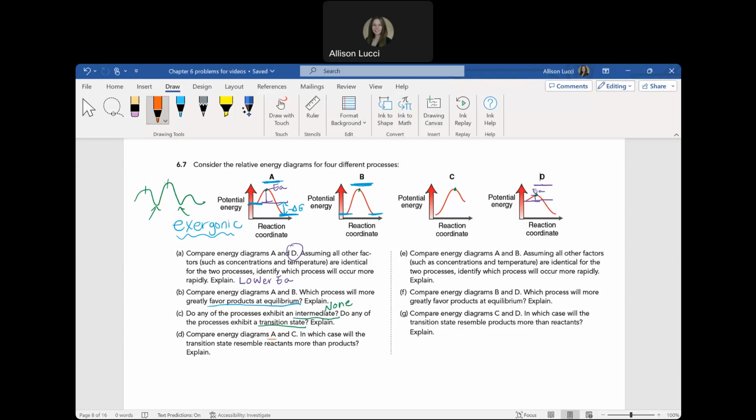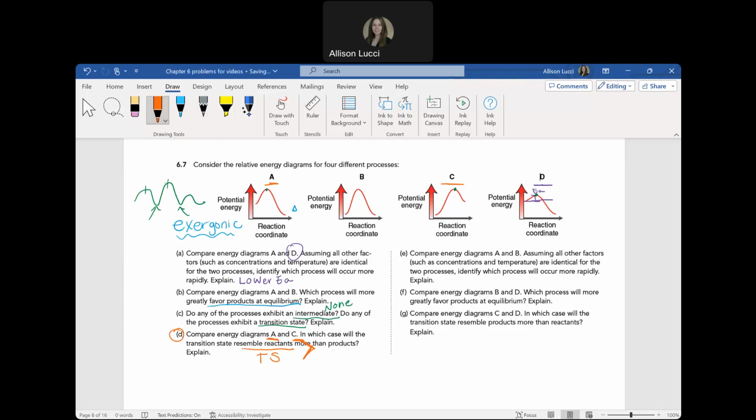So we're asked to look at energy diagrams A and C. So let's compare those now. So we want to compare A to C in example D here. We want to know in which case will the transition state resemble reactants more than products, right?